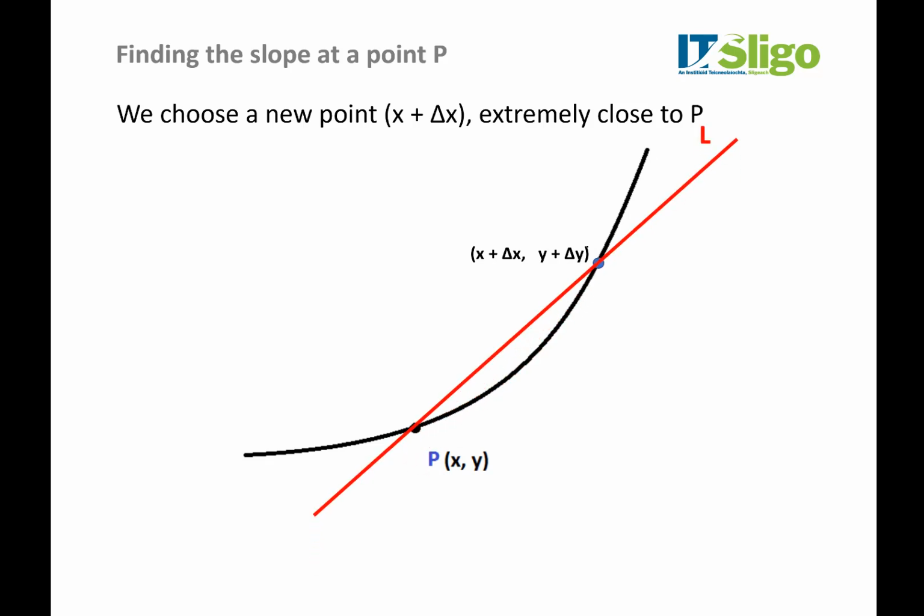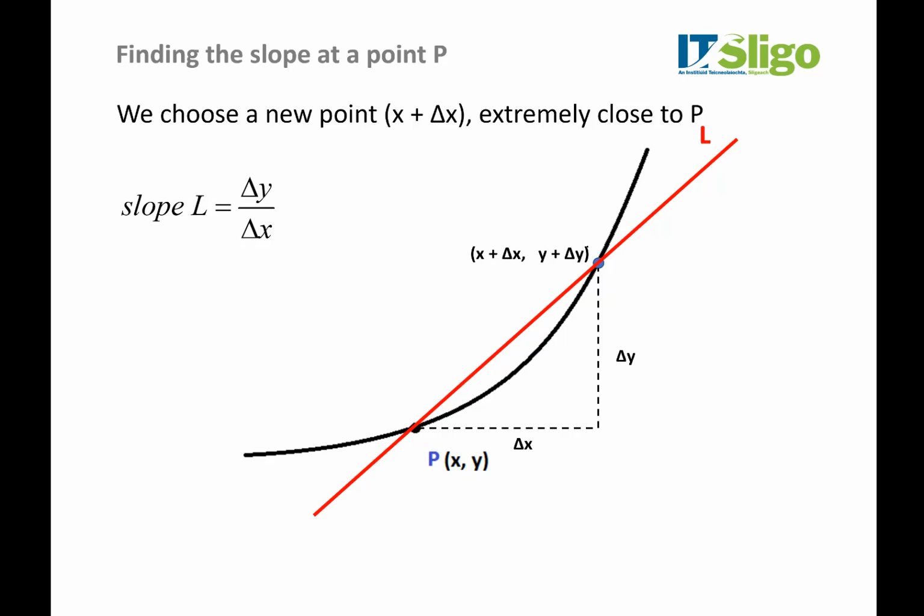If we were to draw a line between these points, we could find the slope of that line. Now note, this isn't a tangent. This line would technically be called a chord because it's cutting the curve. But it's really just a line. And the slope of that line is delta y over delta x, as we know.